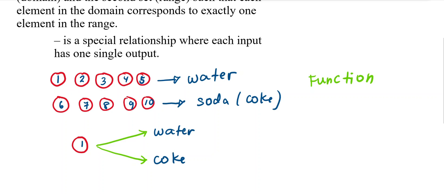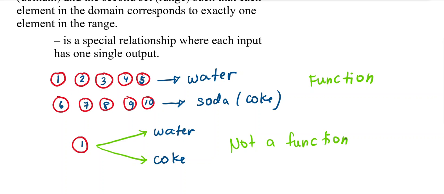When you press one, you want to know what you're getting exactly. If you know what you're getting exactly, then that's a function. But in this case, if you press one and one time you get a water, and then you press one again, and the next time you get Coke, then that means the machine is broken, and you can say that that is not a function.